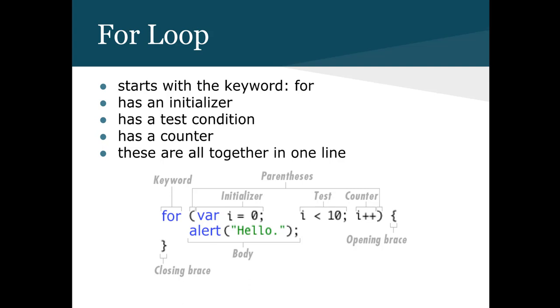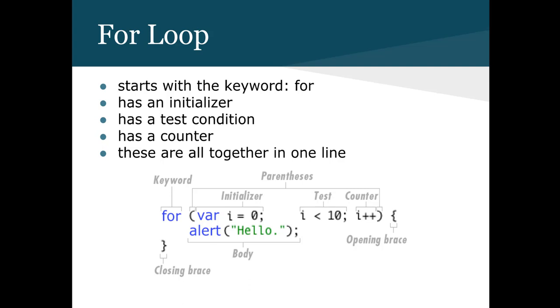As long as i is less than 10, that's going to be true. Then i++, add 1 to i. The first time it runs the loop, i is 0. We look at the test. Is i less than 10? Yes, 0 is less than 10.